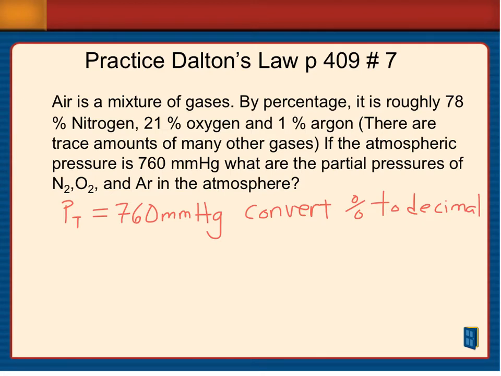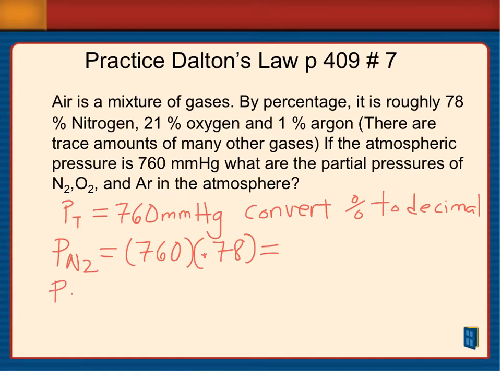So we will multiply, to get the partial pressure of nitrogen, the total pressure of the gases times the percent of the atmosphere that represents nitrogen, which is 0.78.